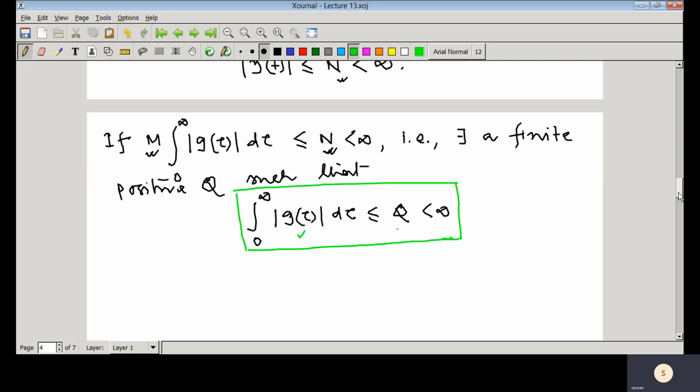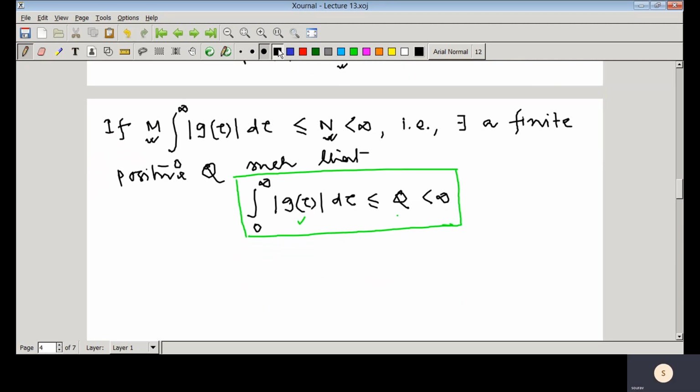If this condition holds, then the system is BIBO stable, bounded input, bounded output stable.